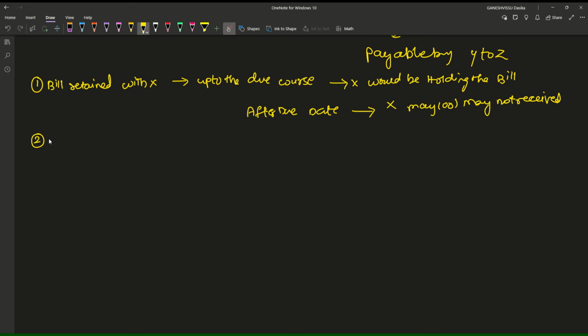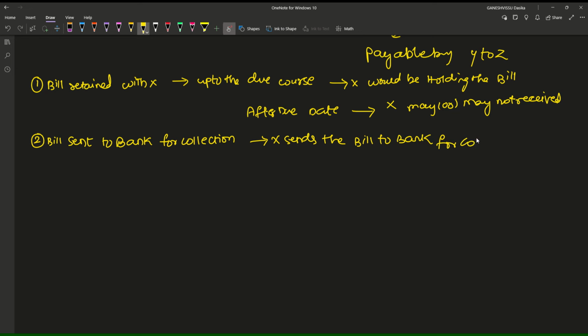The second one is bill sent to bank for collection. That means X sends the bill to the bank for collection of the amount. Through the names only we can decide what the transaction would be, and through the names we can decide the journal entries also.